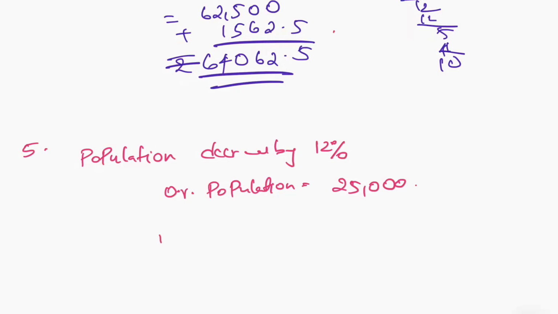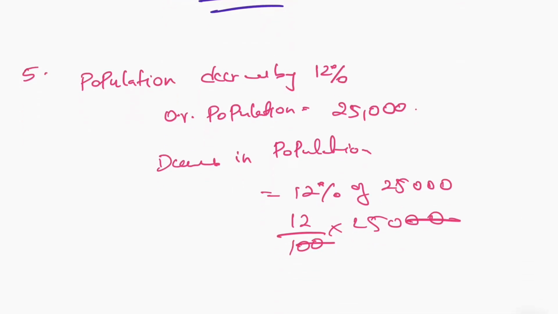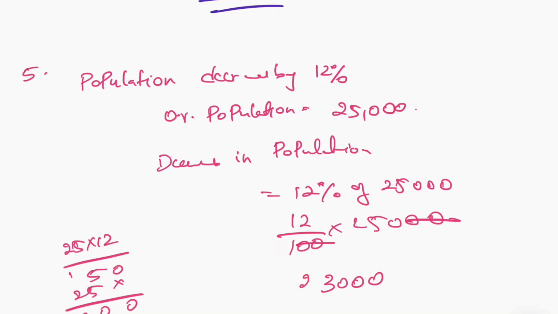So the decrease in population is equal to 12% of 25,000. It is 12 by 100 into 25,000. 25 into 12, you'll get 300, so 3,000.